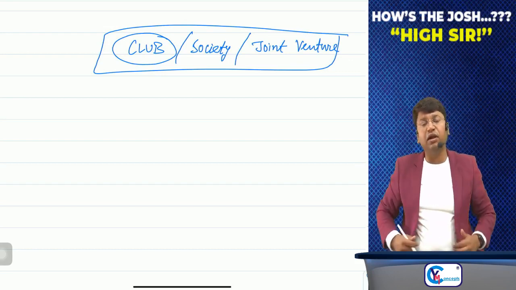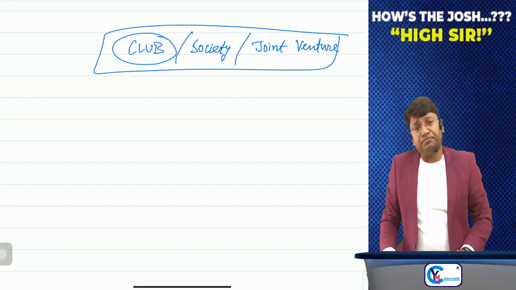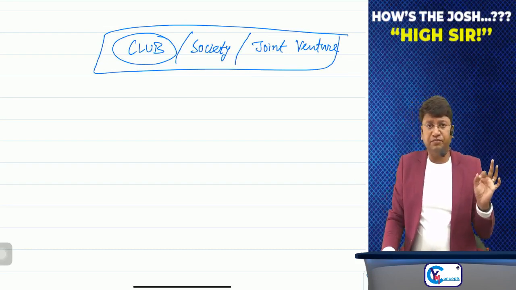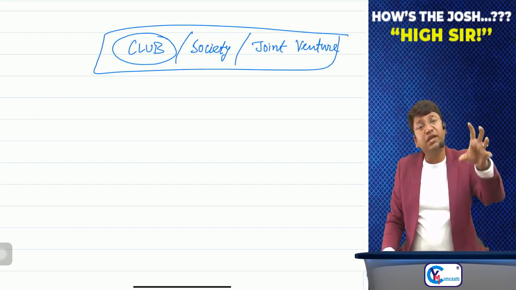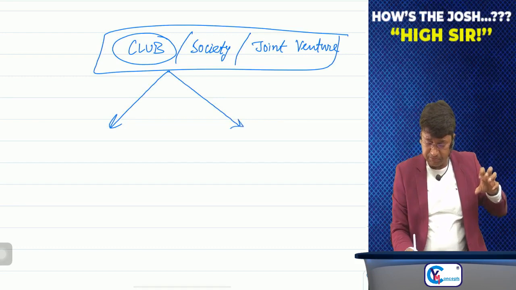Okay, sir, now what happens? One circular was given, sir: if the society, club, or joint ventures or any AOP BOI ask for any contribution from the members, there are two types of contributions.